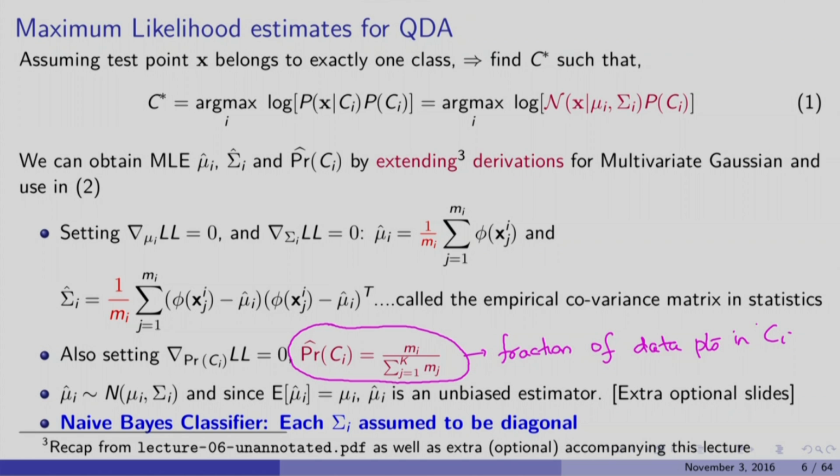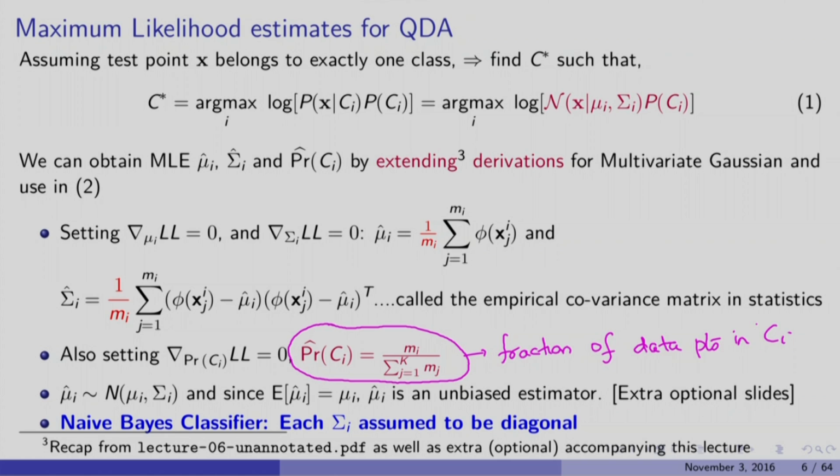Also, we note that the maximum likelihood estimator mu I hat turns out to have a multivariate normal distribution itself, and since the expected value of this estimator is the actual true value, mu I hat is also called an unbiased estimator. It turns out that sigma I hat is not an unbiased estimator.